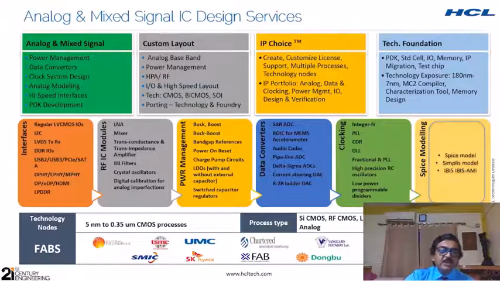On the technology side, we have wide experience in a lot of technology foundries that you can see here, from 0.35 micron technology down to 7 nanometer, 5 nanometer. Foundries like GlobalFoundries, TSMC, where we have excellent relationship, and SMIC, UMC, and a lot of other foundries that we have exposure to.